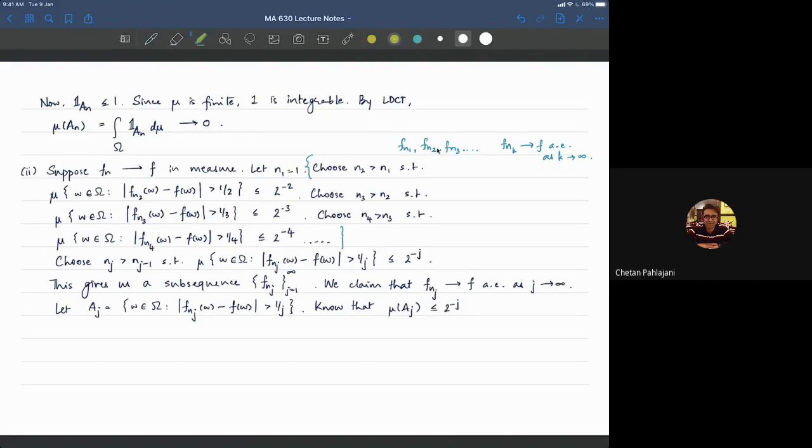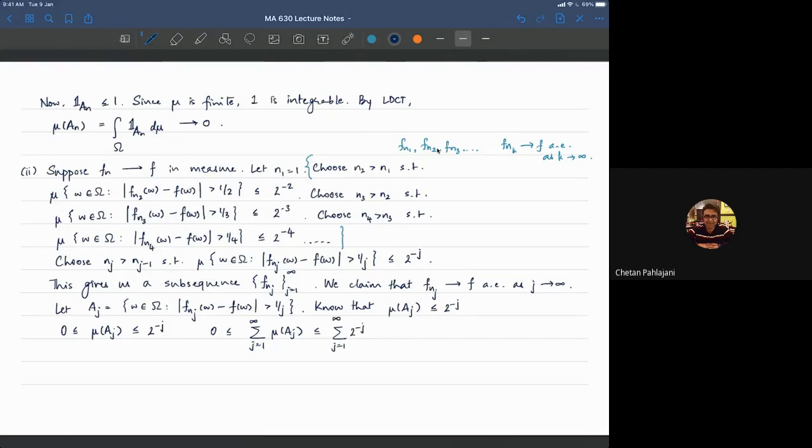Because remember, all we have done is that this set that we had here, we've just given it a name. We're calling it A_j. So we have mu of A_j less than or equal to 2 to the minus j, and of course 0 is less than or equal to mu(A_j). So 0 is less than or equal to the sum, j going from 1 to infinity, of mu(A_j), which is less than or equal to the sum, j going from 1 to infinity, of 2 to the minus j.